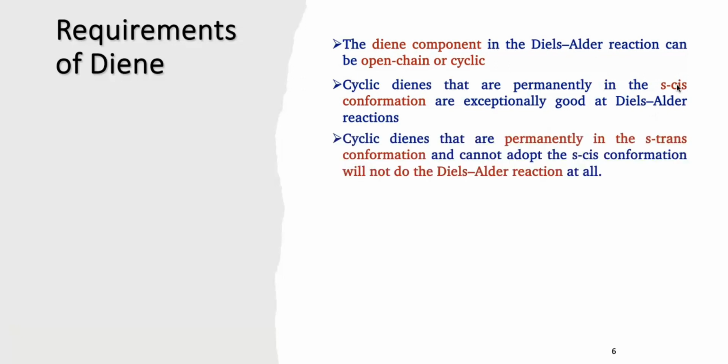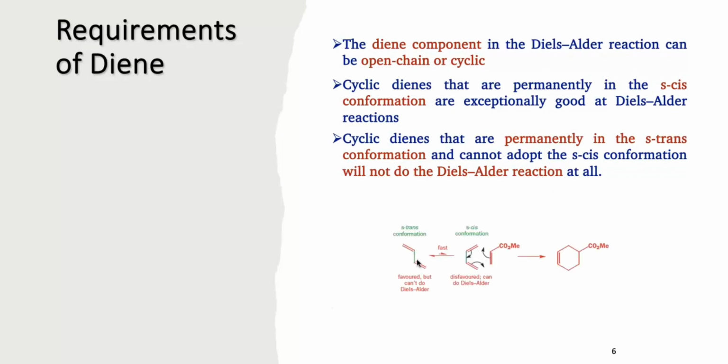Cyclic dienes that are permanently in the S-trans conformation and cannot adopt the S-cis conformation will not do the Diels Alder reaction at all. If the dienes are permanently locked in the S-trans conformation, they will never undergo the Diels Alder reaction because they cannot come into the S-cis conformation, which is needed for the reaction to take place.